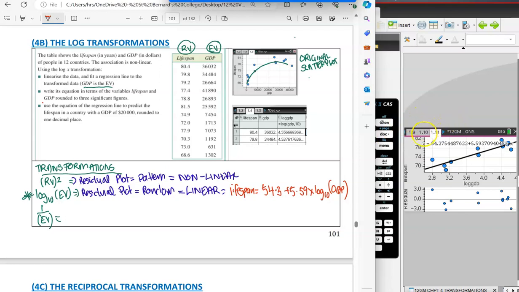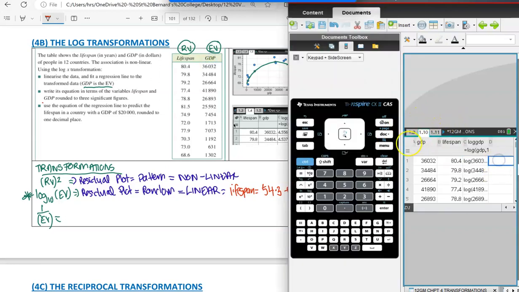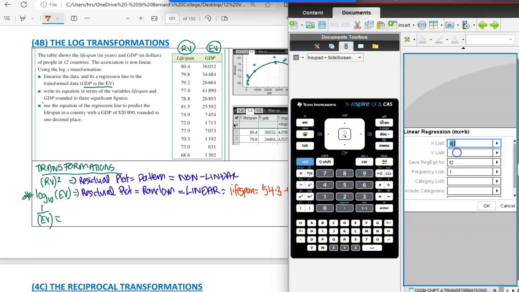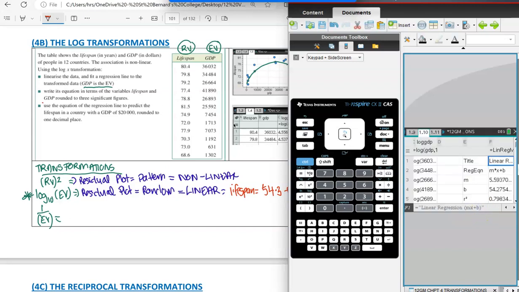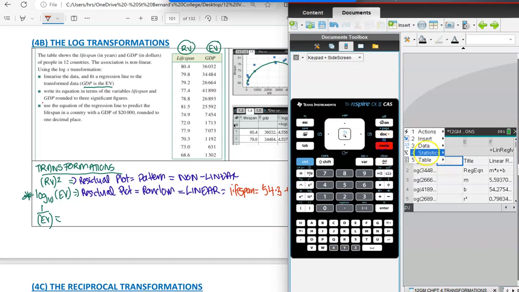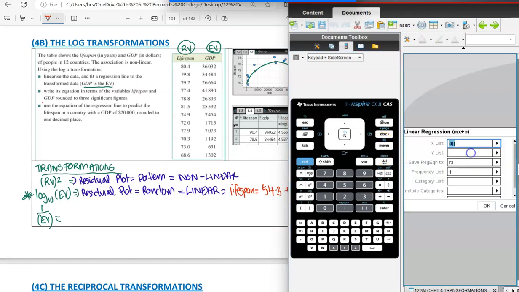And if we wanted to look at the R squared value, we'd have to go in here. So we have to do log GDP and we have to do lifespan. Sorry, they were here. Sorry, I did the wrong one then. Let me go here. Menu, stat calc. All right.